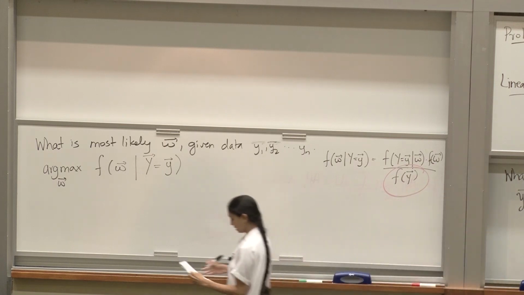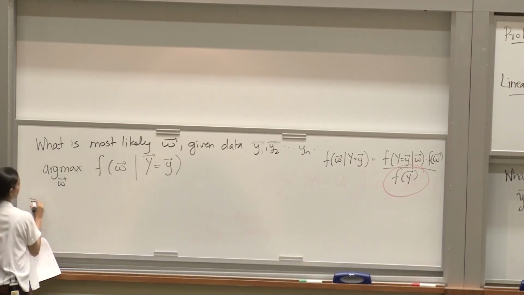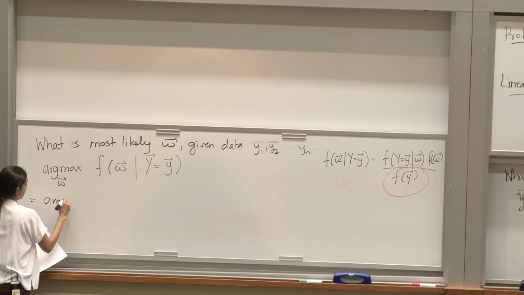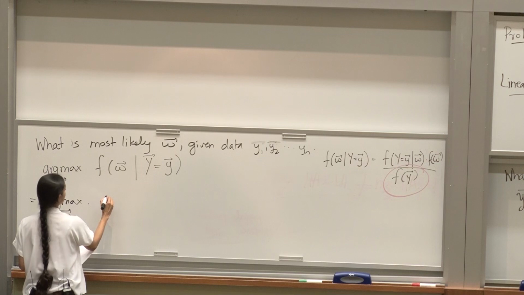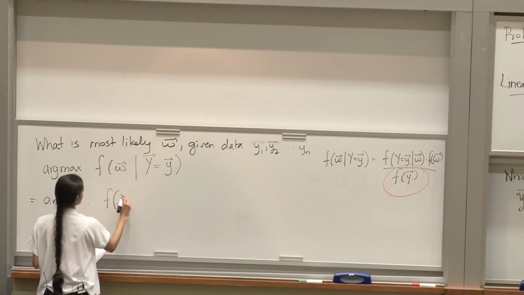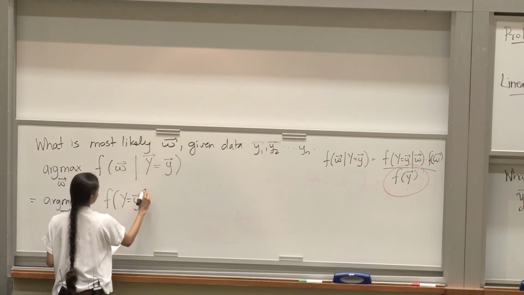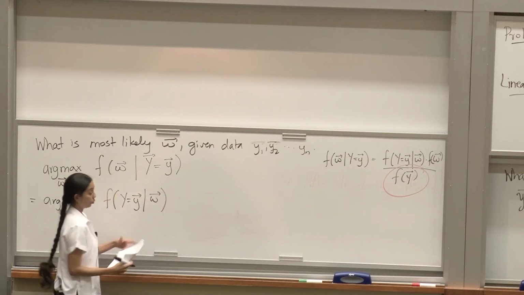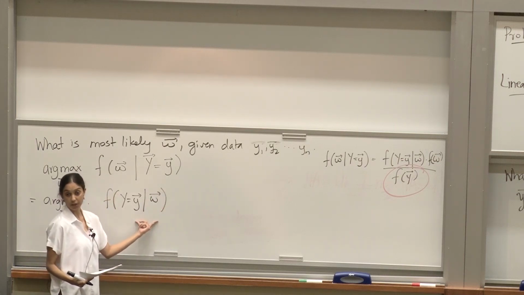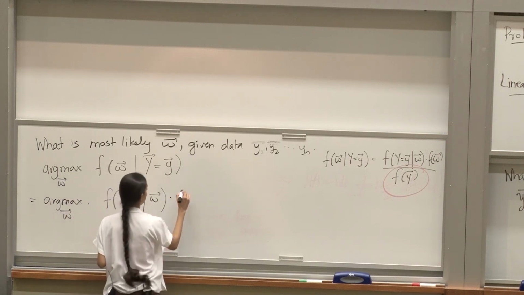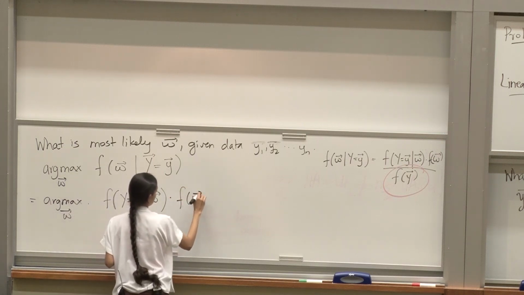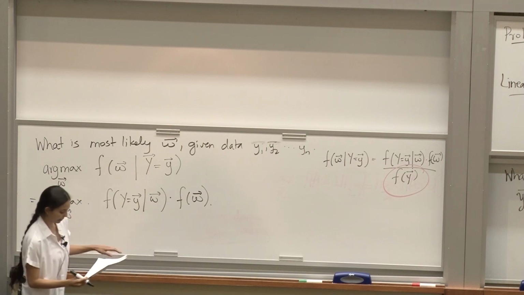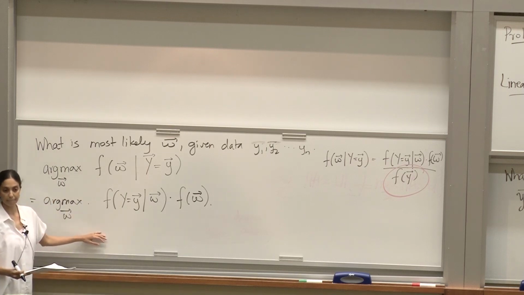So I can write this argmax as f of Y equal to y given W, which is something we just spent a bunch of time computing, times the density of W itself. Everyone with me?